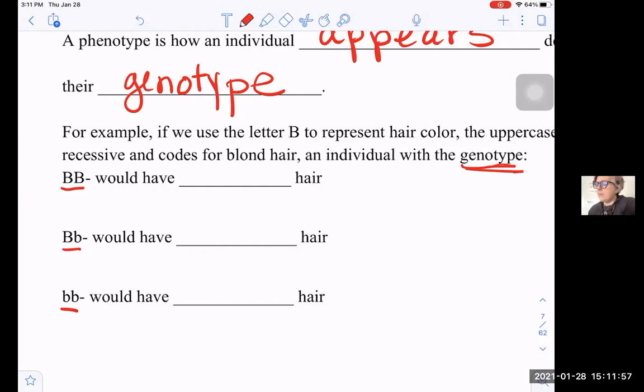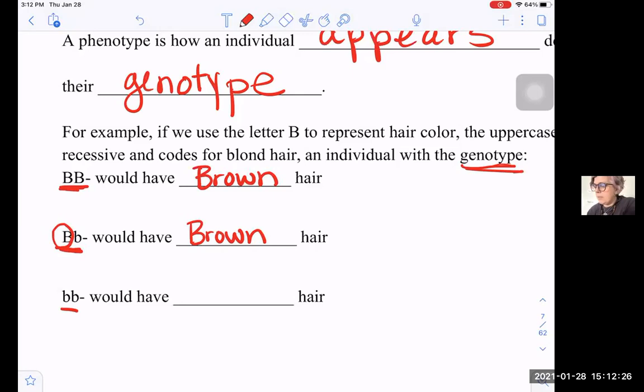Yep, so big B would represent brown hair, right? Because there's two dominant brown alleles. And big B, little b would also be brown hair, because remember, anytime you have the dominant allele, the uppercase allele, it's going to show the dominant trait.